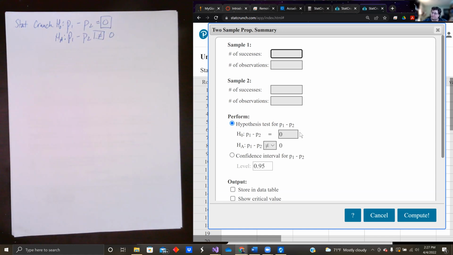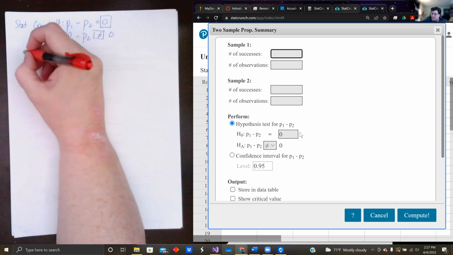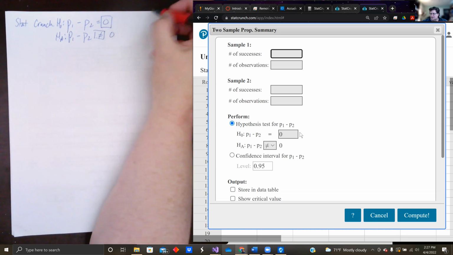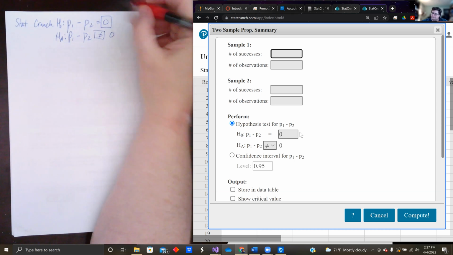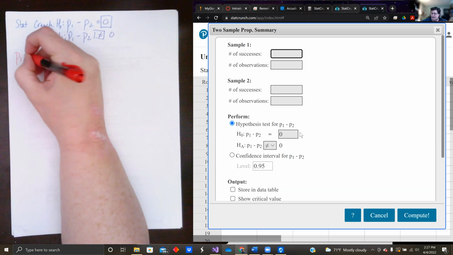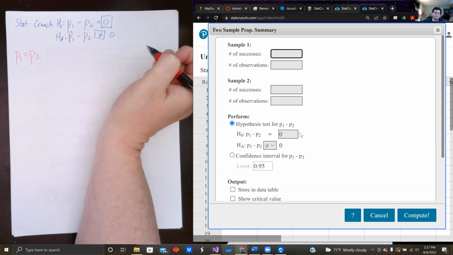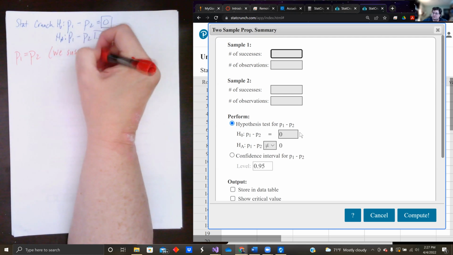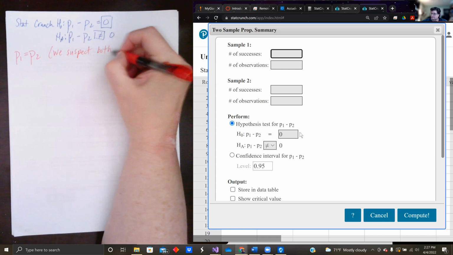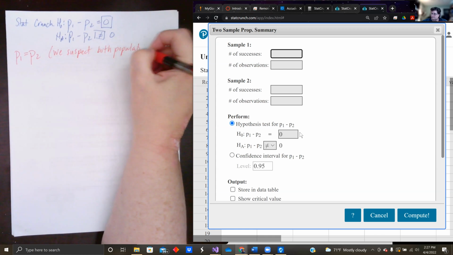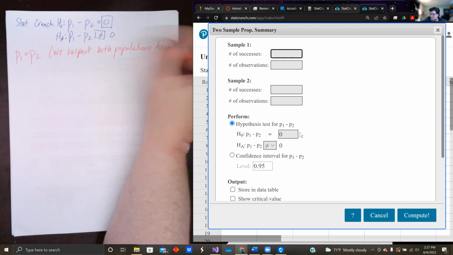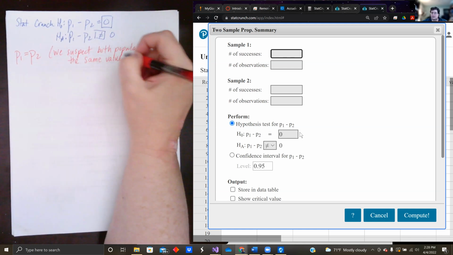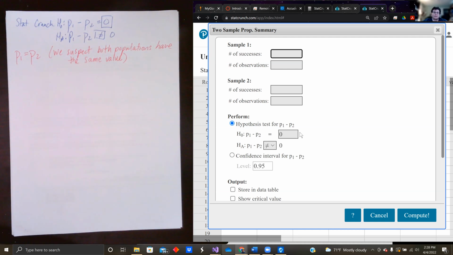So two things going on. First off, we've got two populations, P1 and P2. Where they get P1 minus P2 equals 0: if we had P1 equal to P2, like we suspect both populations have the same value, that's what happens when we have P1 equals P2.